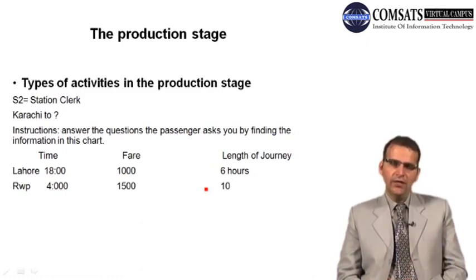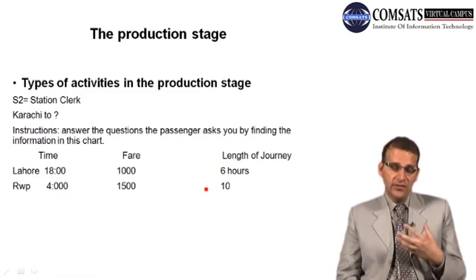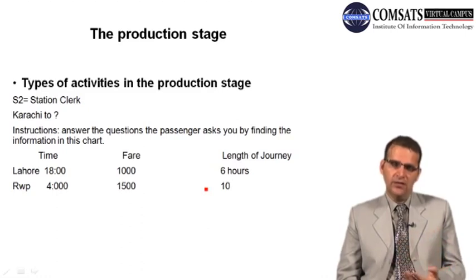So, which is the next train to Lahore? You can say it is Pakistan Express. Then the question again, what time does this Pakistan Express leave Rawalpindi for Lahore? You can say 1800 hours. What is the fare? 1000. Length of journey, 6 hours. Similarly for Rawalpindi and so on.